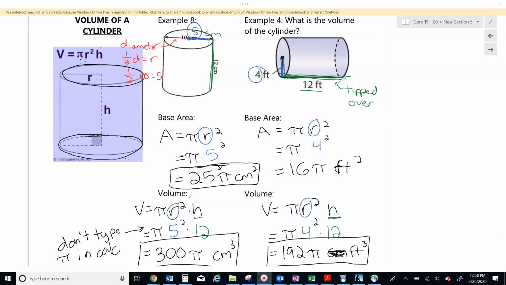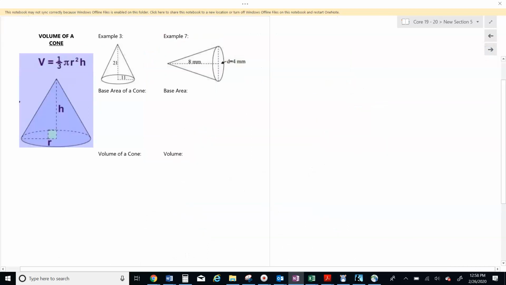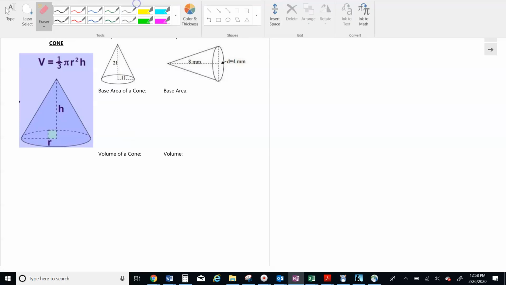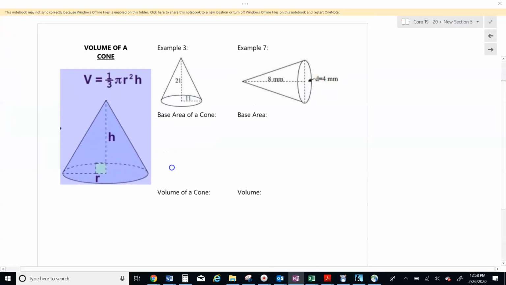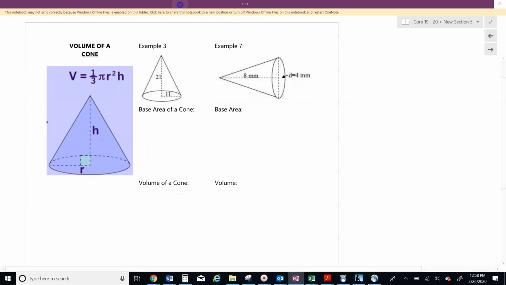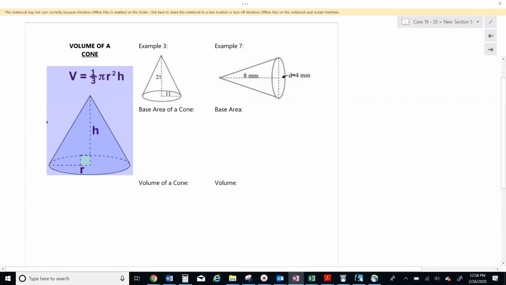All right, looking at our next page, we're now going to do volume of a cone. So the area of a cone, or the base area, right, is still the same.